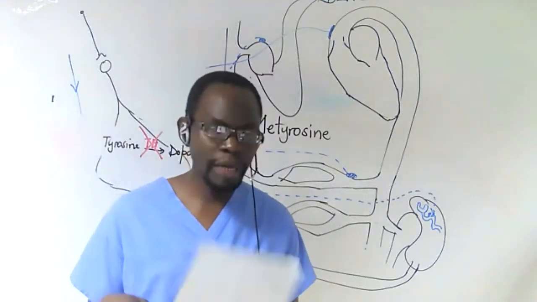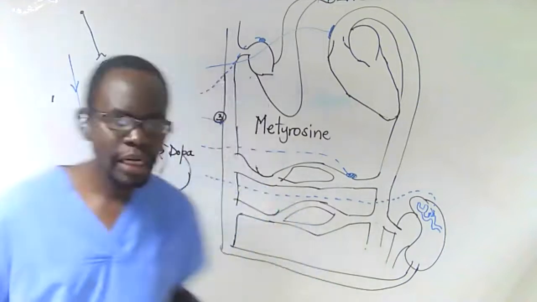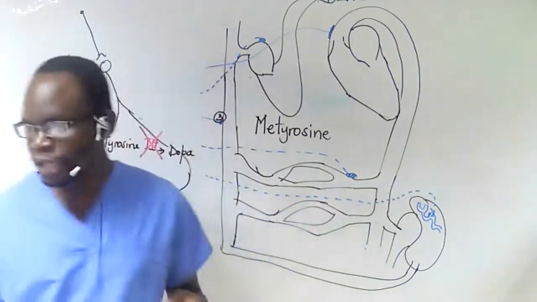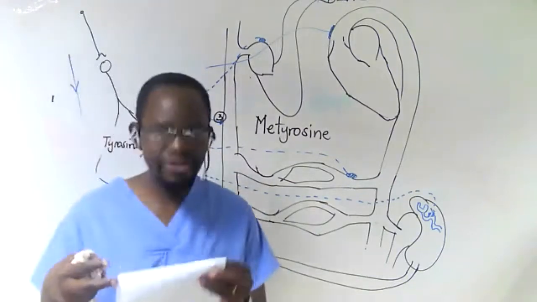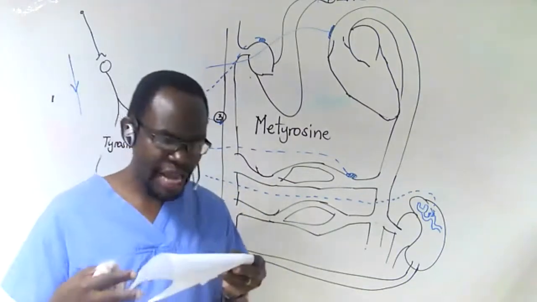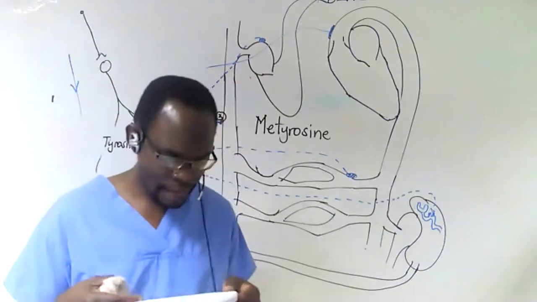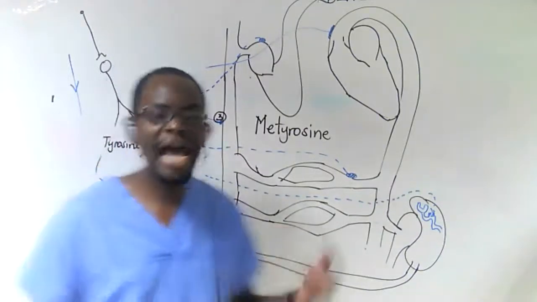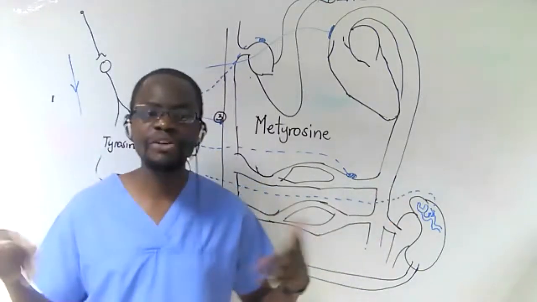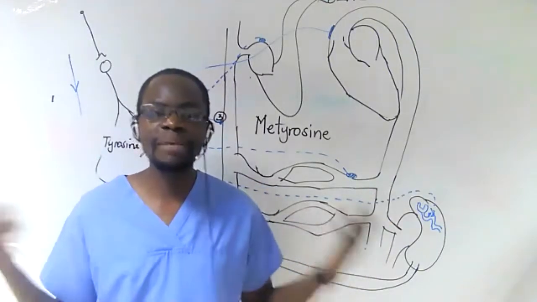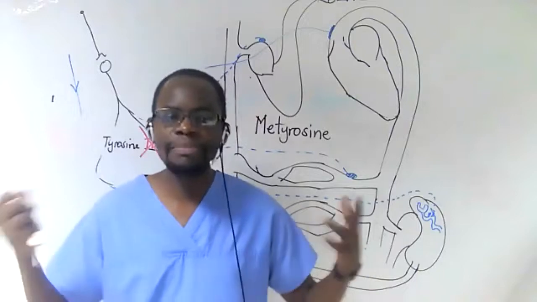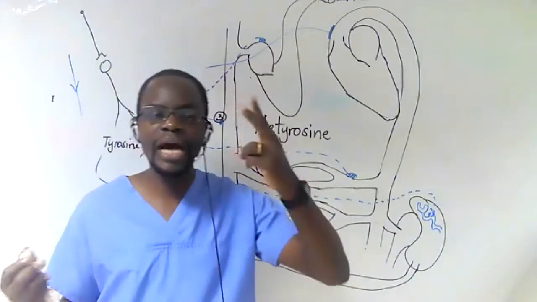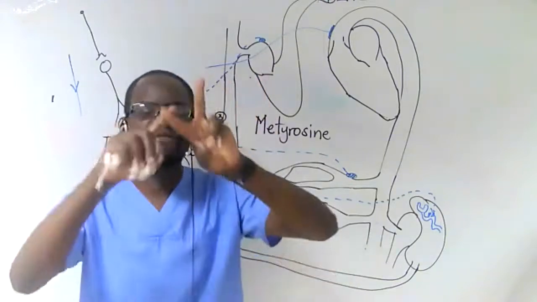All right. So next, we want to talk about drugs that are referred to as adrenergic receptor blockers. I hope you still remember adrenergic receptors. These are basically receptors of the sympathetic nervous system, and they are of two types: alpha and beta.